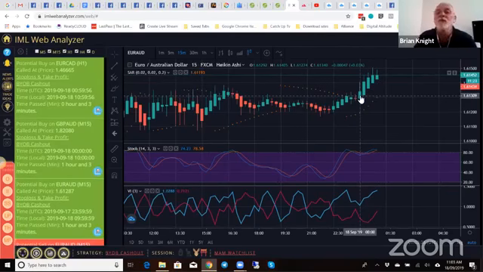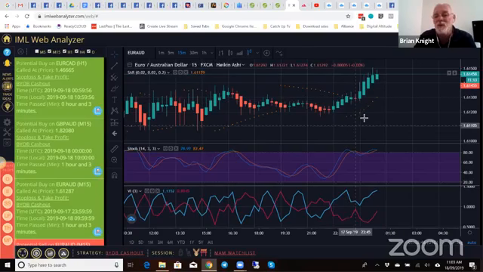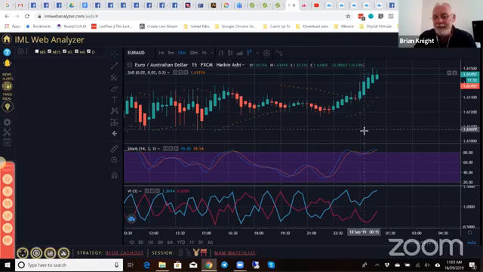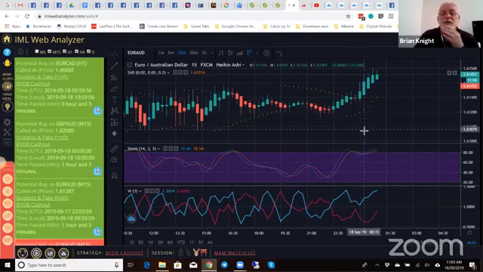So not too bad. The issue though is this trade, even though it made around 20 pips, does not qualify under the rules of the strategy that we're looking at here.